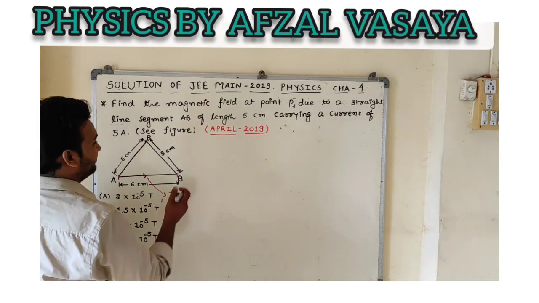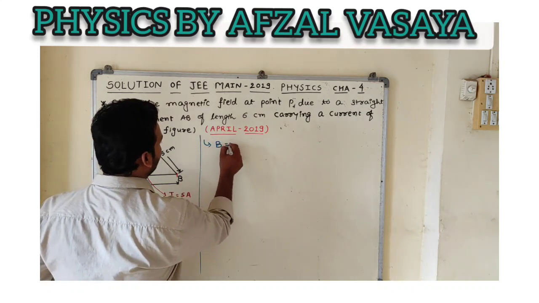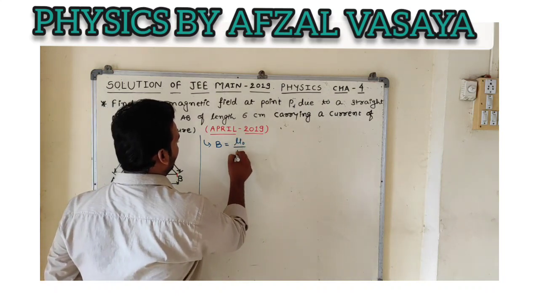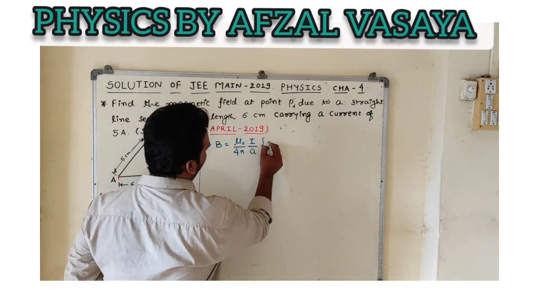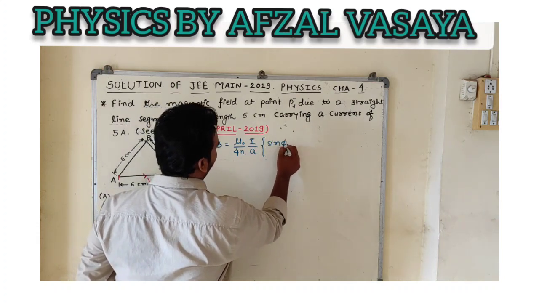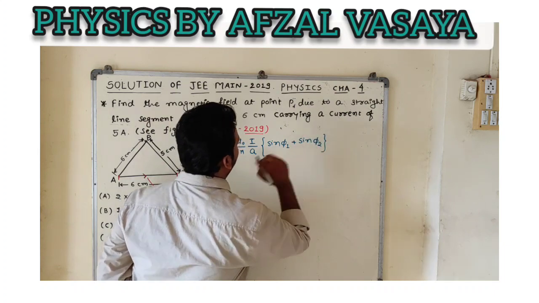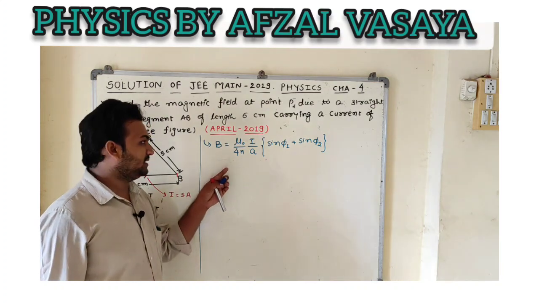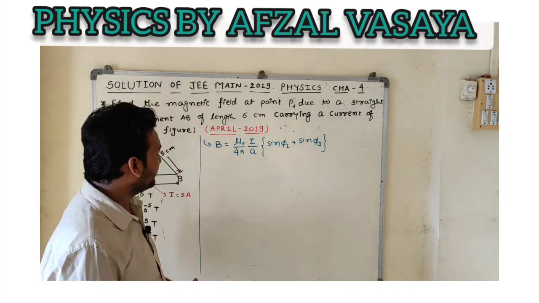The formula for the magnetic field due to a current carrying wire of finite length is mu0 upon 4 pi, I upon A, into bracket sine phi 1 plus sine phi 2. Here mu0 upon 4 pi is the constant, which is similar to the K in electrostatics.